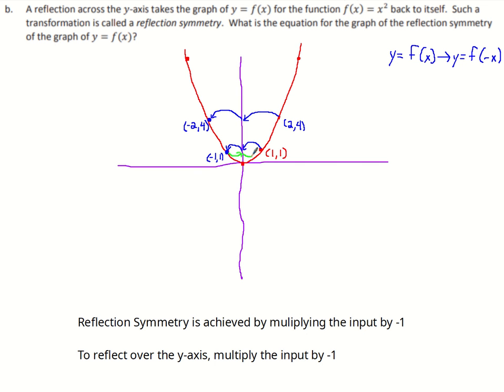So I need to go 1 past it, and I'm going to end up at 1, 1. My input, -1, multiplied by -1 gives me 1. So in order to reflect over this y-axis, I'm just going to multiply my input by -1.